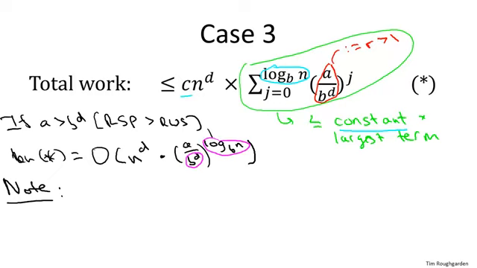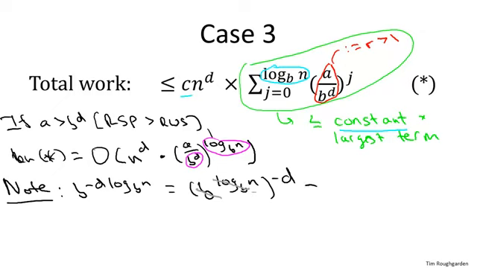We can write that as b to the minus d log base b of n, which if I factor this exponent into two successive parts, I can write as b raised to the log base b of n power, and only then raised to the minus d. And now, of course, taking the logarithm of n base b, followed by raising it to the b power, those are inverse operations that cancel, so that leaves us just with the n.